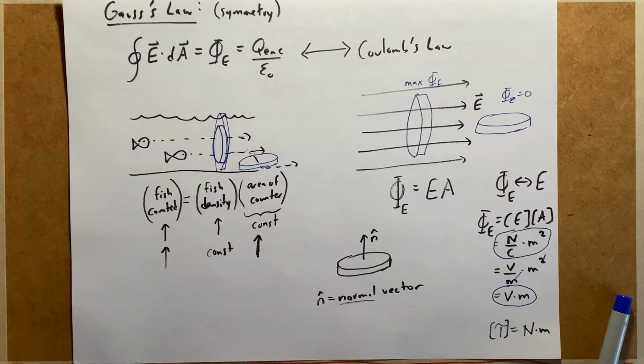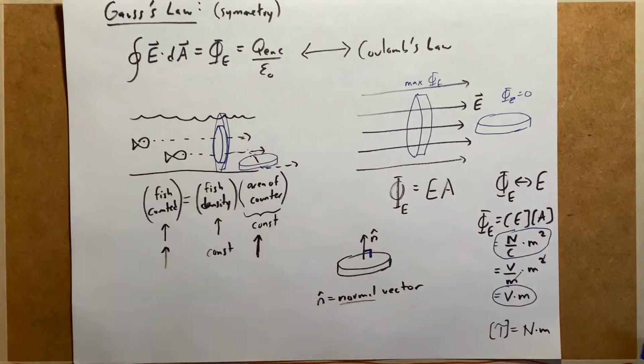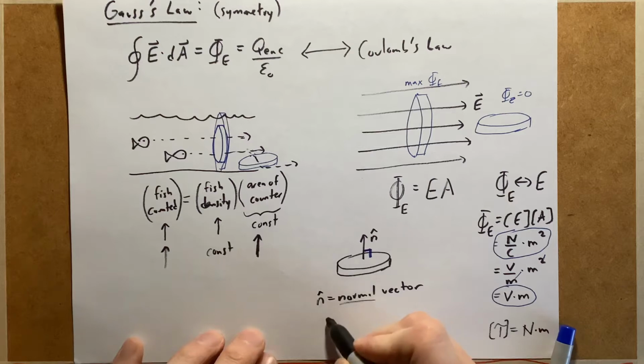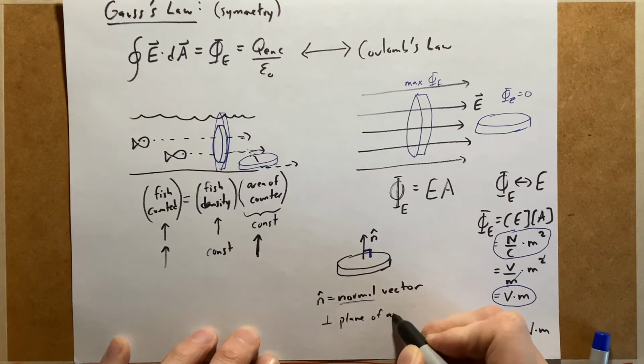This is not to be mistaken with normal force. This is not a force. This is a vector, which we've defined. And the definition is that it's perpendicular to the entire plane of the area. So this is perpendicular to the plane that the area lies in.